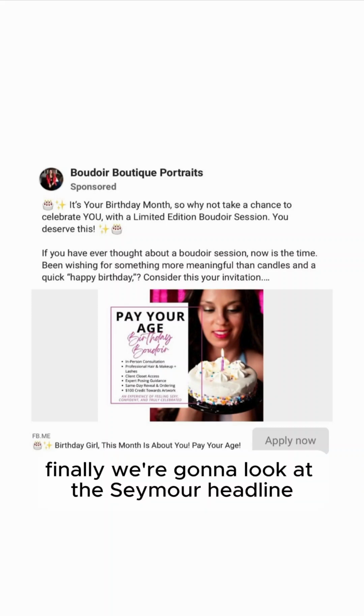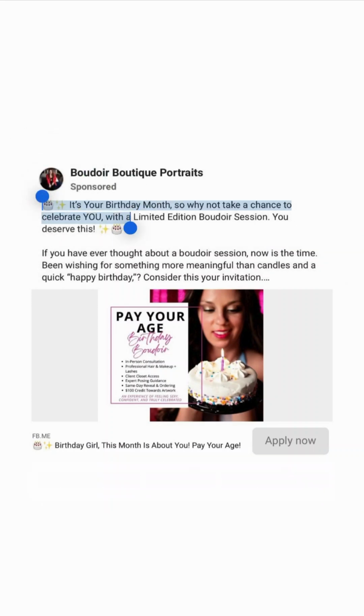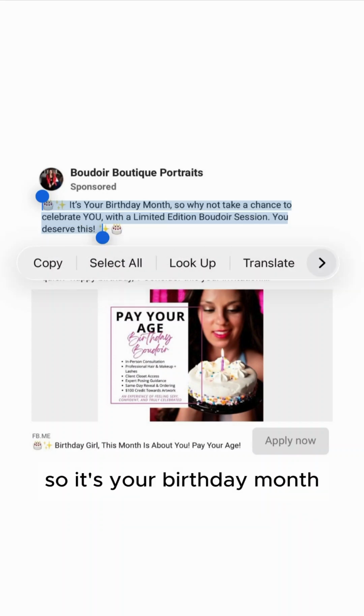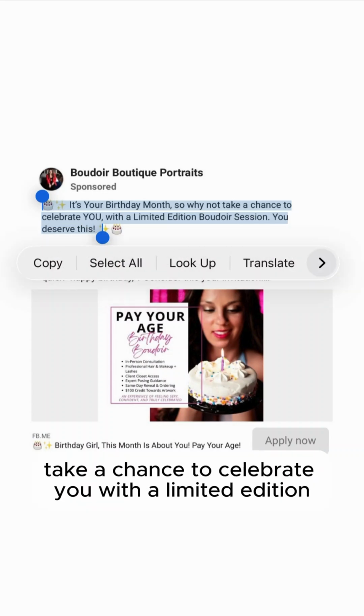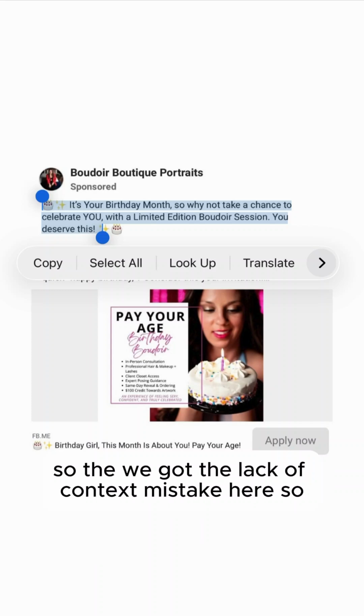Finally, we're going to look at the See More headline, the first 2 3/4 lines of the Facebook mobile news feed. So we're using 2 1/4 lines here. "It's your birthday month, so why not take a chance to celebrate you with a limited edition Boudoir session? You deserve this." All right, so we've got the lack of context mistake here.